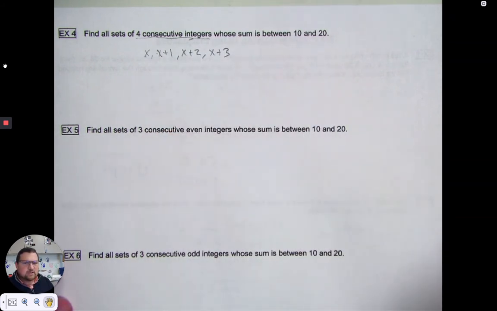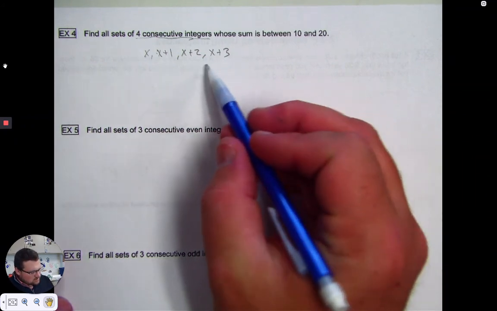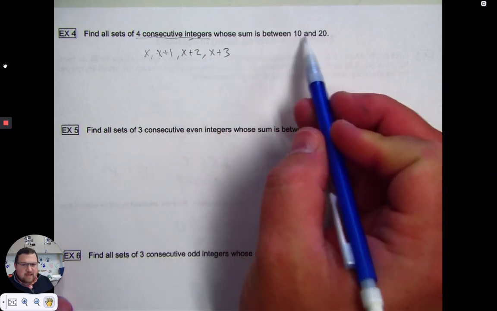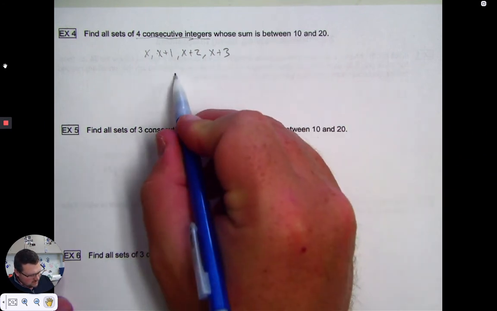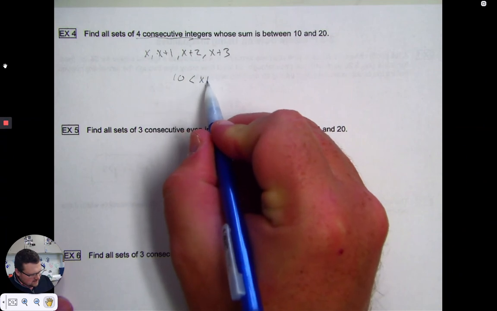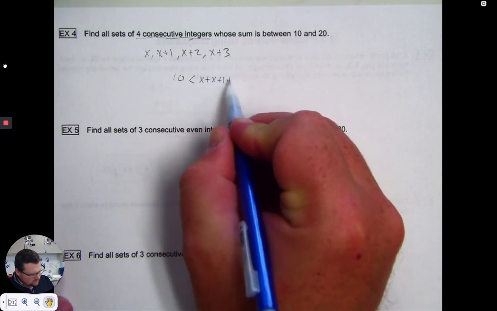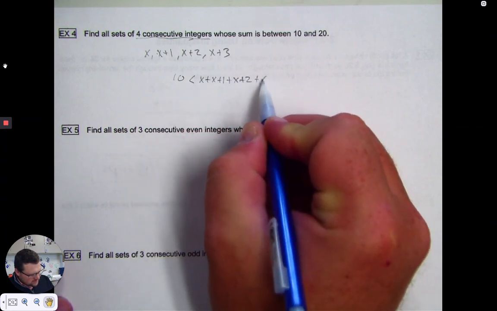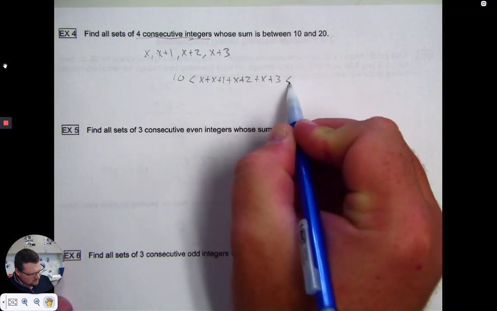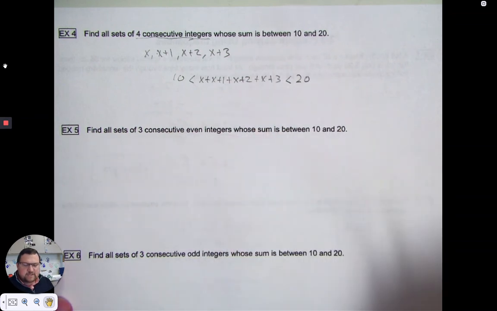Integers are the counting numbers and their opposites, or your whole numbers and their opposites. So we want this to fall between 10 and 20: 10 is less than x plus x plus 1 plus x plus 2 plus x plus 3, which is less than 20.